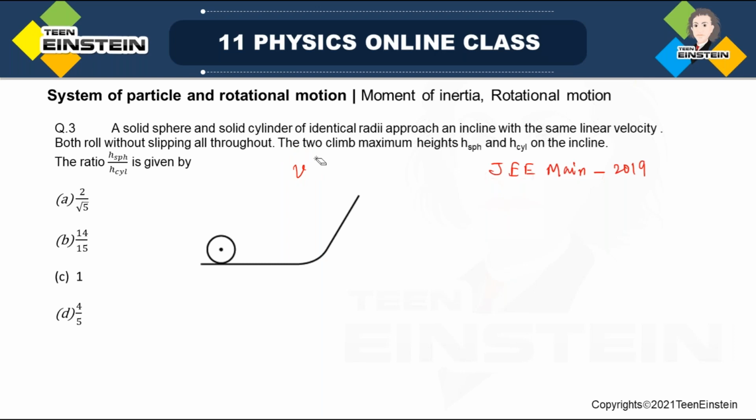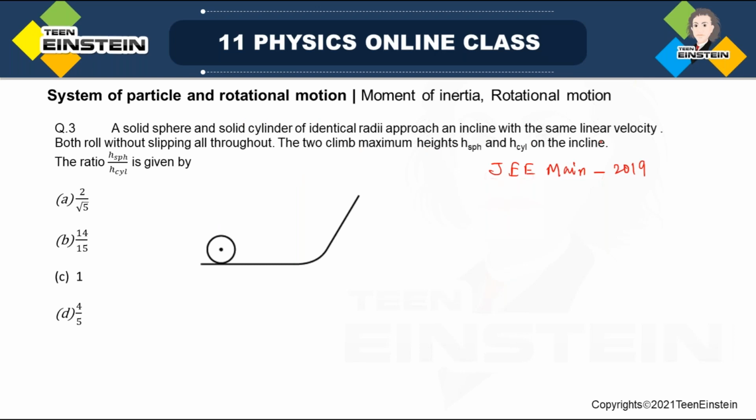Even though they have the same linear velocity, they might have different angular velocity depending on their radius, but here the radii are also the same. So actually the rotational kinetic energy for both of them will be the same.